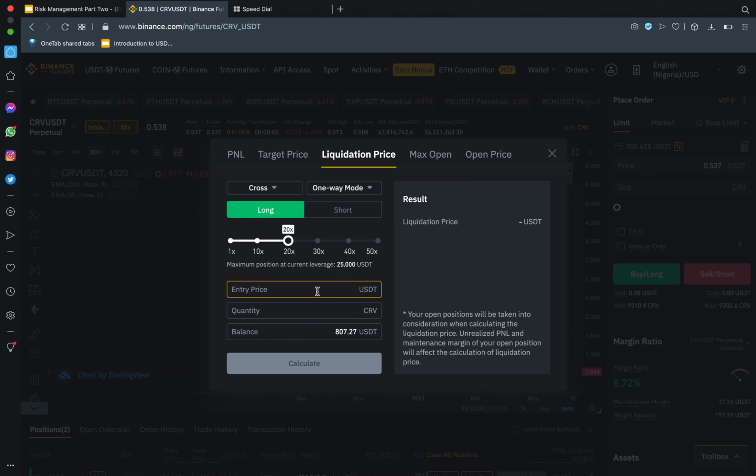Let's say you entered CRV at $4 and you entered with 1,000 units of CRV and your balance was $10,000. Let's calculate the liquidation price.